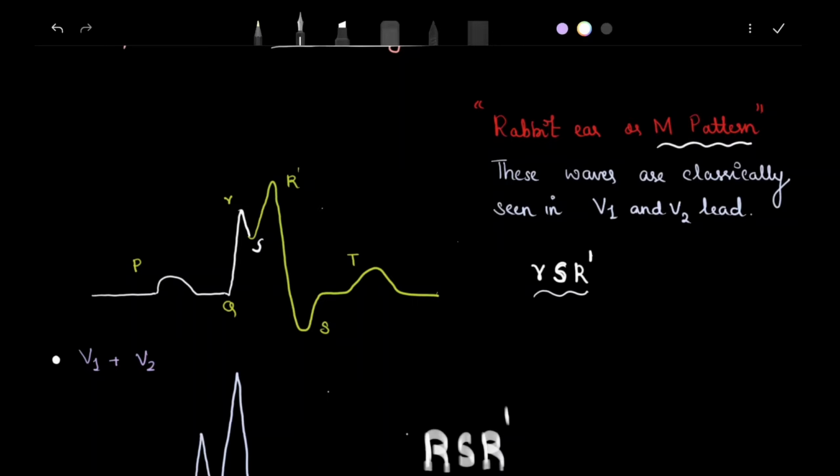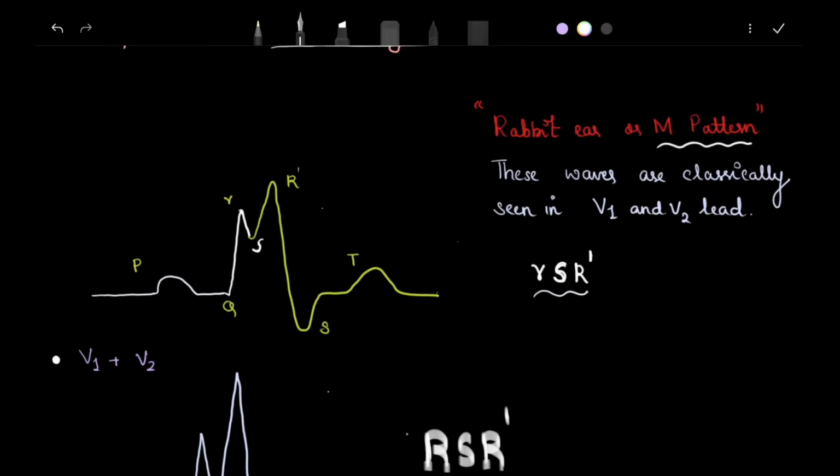Even though the slurring in V5 and V6 is not prominent, V1 and V2 have a clear RSR dash pattern, so it is most likely RBBB.